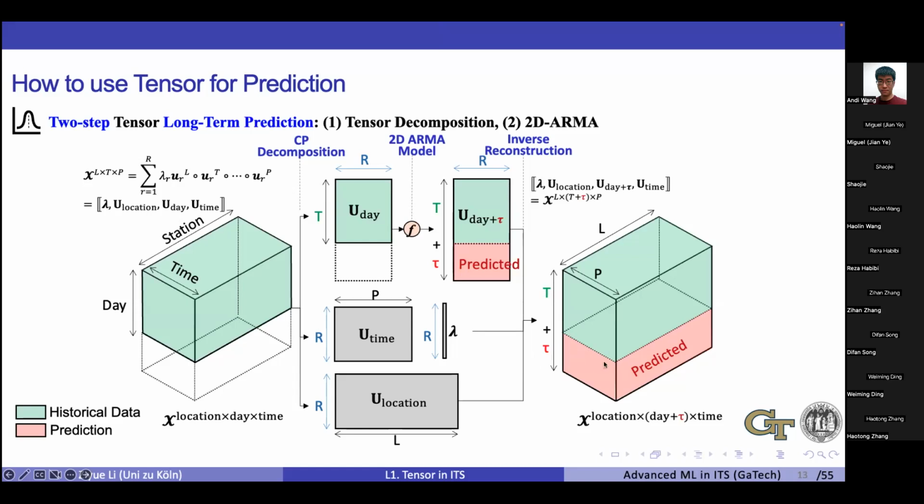So this red part is basically the prediction. And by this one click, we can get the prediction for all the stations at the same time. So this is quite tricky, a quite small design, but it works really well. This is what we call two-step. And now we will focus on why we use the 2D ARMA model here.